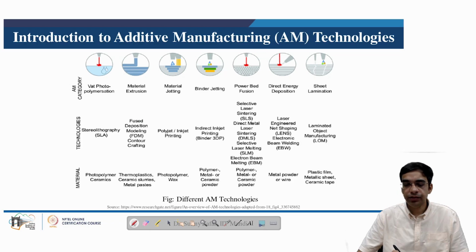Material jetting is utilized for photopolymer and wax. Binder jetting is utilized for polymer, metal or ceramic powder. Similarly, powder bed fusion is applicable to polymer, metal and ceramics. Direct energy deposition is utilized for metal powder or wire, and sheet lamination is applicable for plastic film, metallic sheet or ceramic tape.